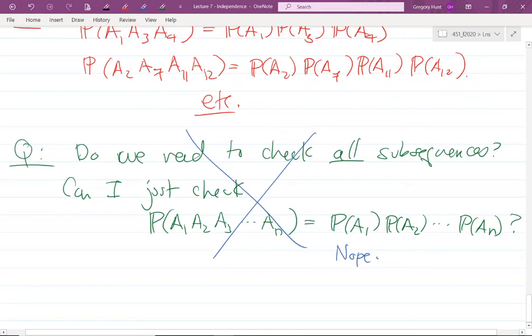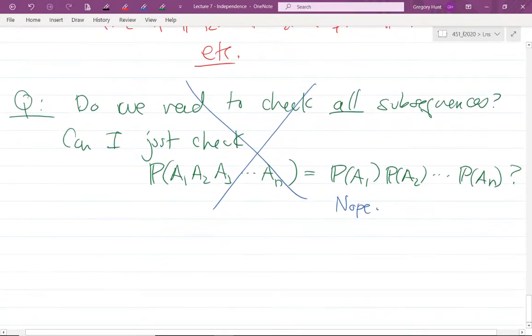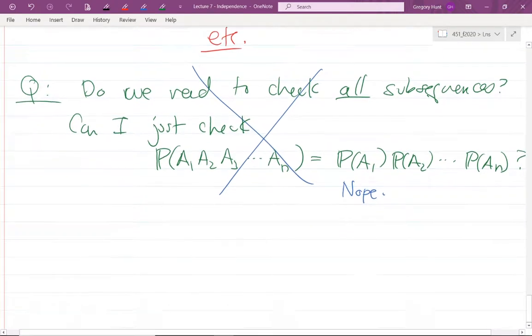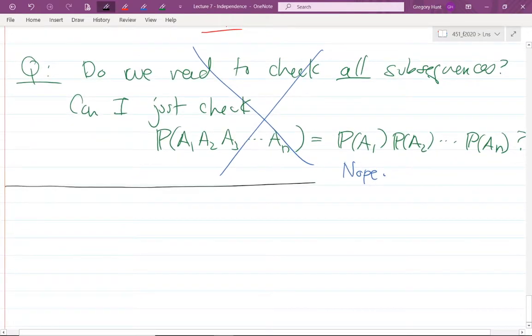So in general, you have to check every subsequence. We can look at an example of this. This will be a nice little example of independence of two events at a time and of mutual independence or not, and why you really have to check all possible subsequences. Okay, so let's look at an example.